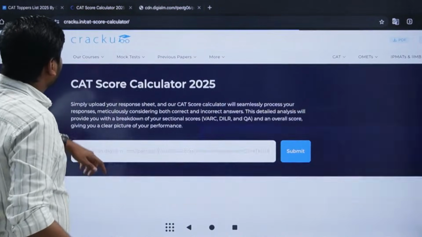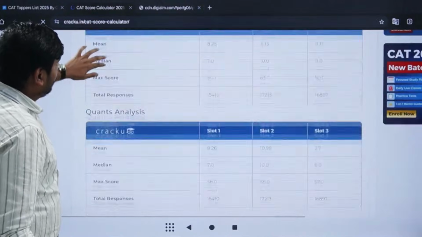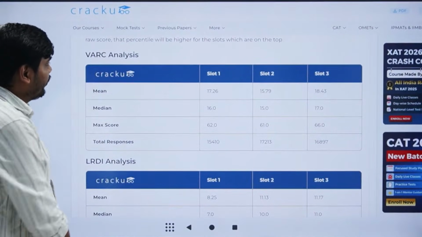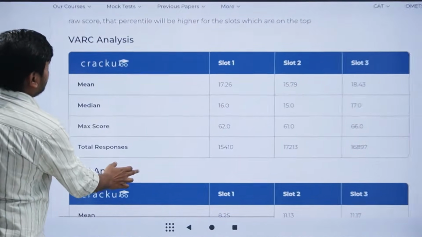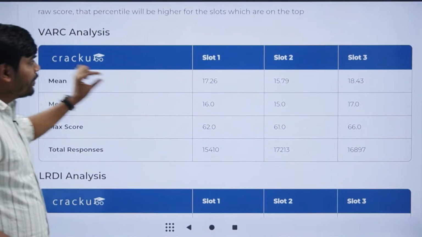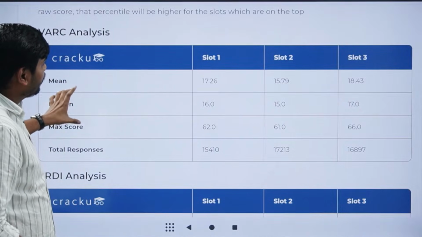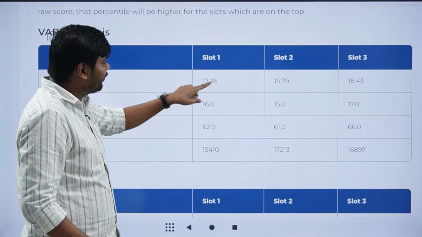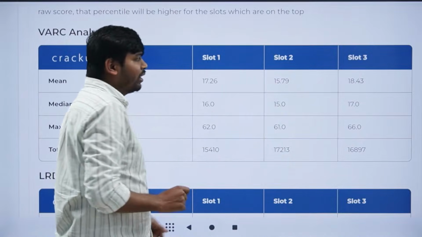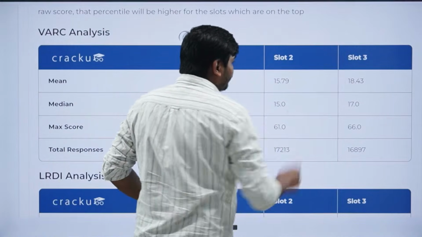let me give you the data. Yeah. So now if you look at VRC, the mean of the people who are in slot 1 is 17.26. It is more than slot 2, that is 15.79, but it is lesser than slot 3.